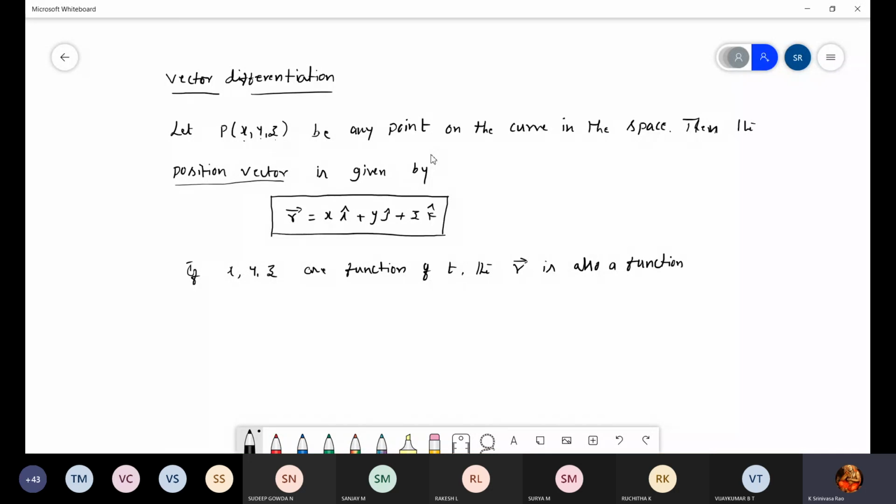For example, say x is equal to t square, y is equal to t cube, z is equal to t minus 2. If I substitute in terms of t, then x, y, z are functions of t, and after substitution r is also a function of t. So we can write vector r as r of t, in terms of t only.